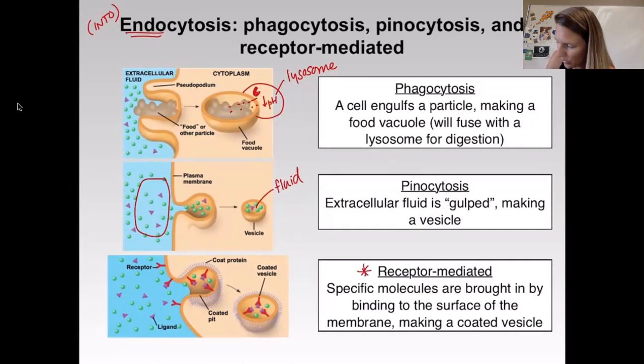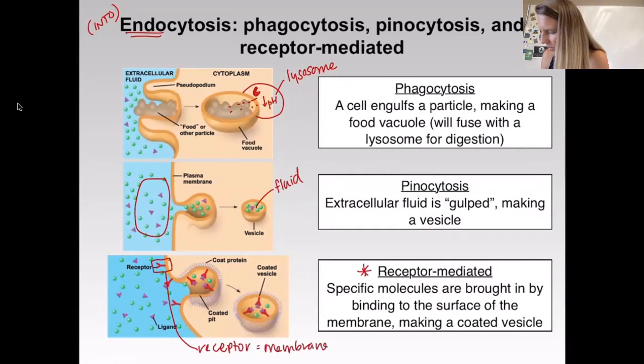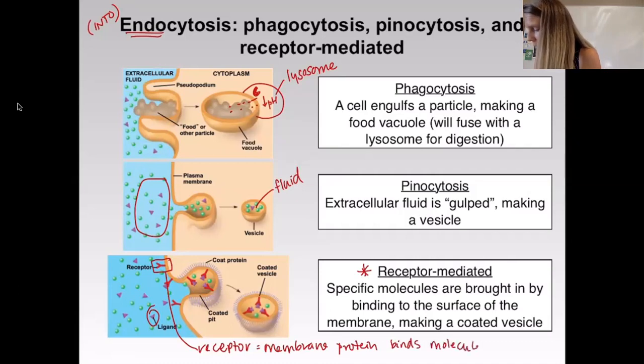All it is, we have membrane proteins, so these little receptors. A receptor is just a membrane protein. And the ligand is just a molecule it binds. So the receptor is a membrane protein that binds a molecule, which is the ligand.